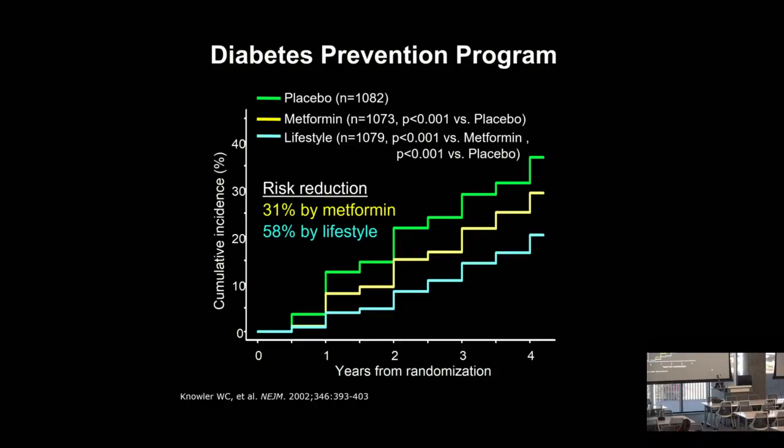This is the cumulative incidence of diabetes. You can see that those that had the highest cumulative incidence are those that had placebo. Metformin was good in delaying that, but the most effective was lifestyle. So lifestyle is a key part of preventing progression from pre to full-blown diabetes.